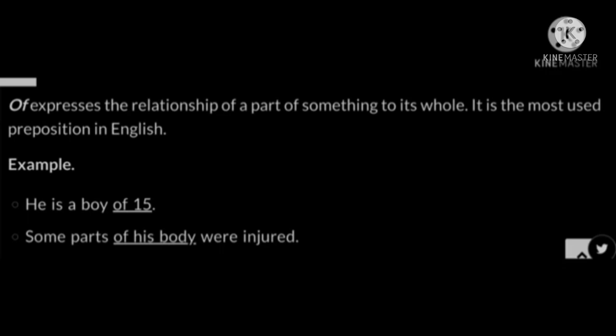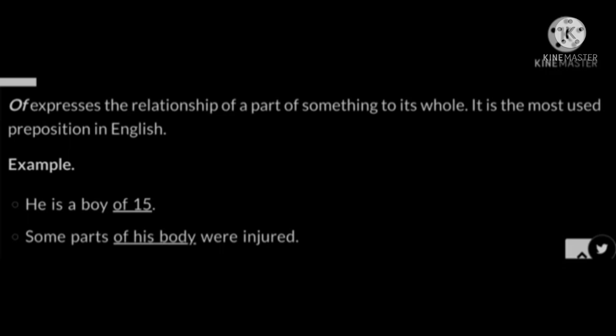It is the most commonly used preposition in English. One example we have here: He is a boy of 15. Boy of 15 years. So it is showing the relationship of age and that boy is shown by that word of.